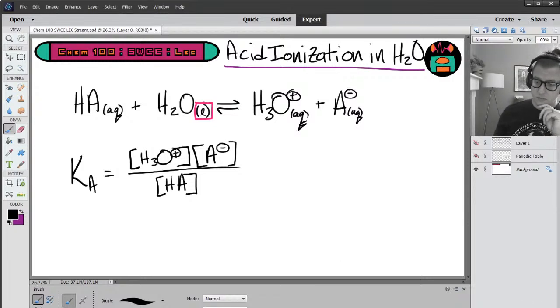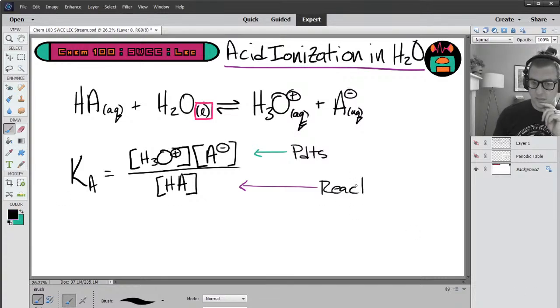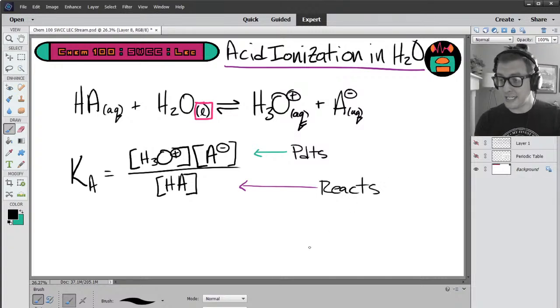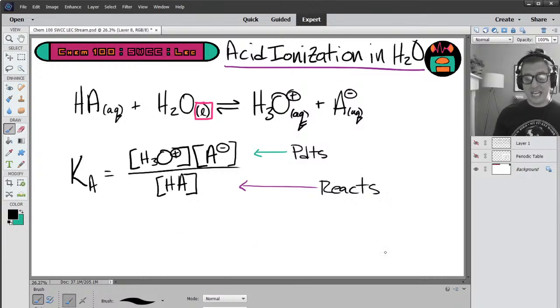Remember, we're dealing here with a ratio of products over reactants. All right. And so what determines how strong an acid is essentially the size of the acid ionization constant.